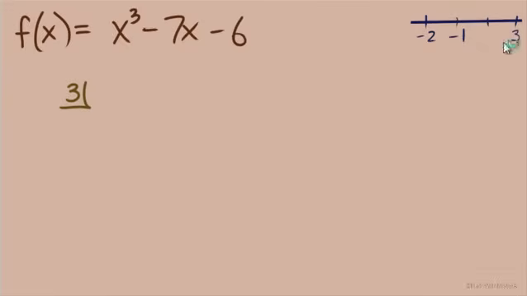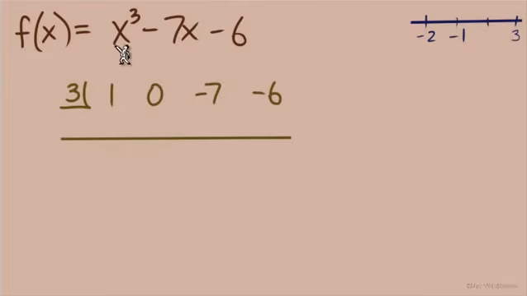Let's start with +3. Remember about synthetic division, we need to have a spot for every exponent from highest exponent down all the way to the constant. So we have 1 from the 1x to the third, 0 because we have no x squared, -7 from x, and -6 the constant. So the synthetic division looks like this.